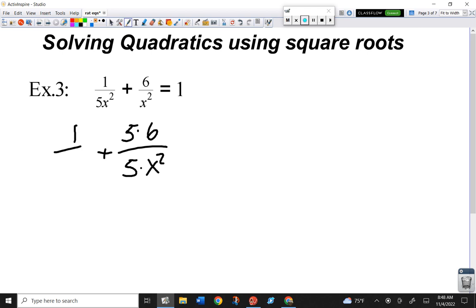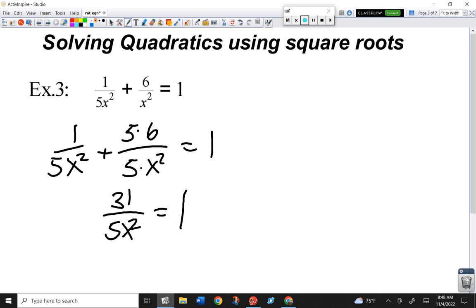If I do that, look what happens. I actually get a common denominator. So 5 times 6 is 30, plus 1 is 31, over 5x squared equals 1.